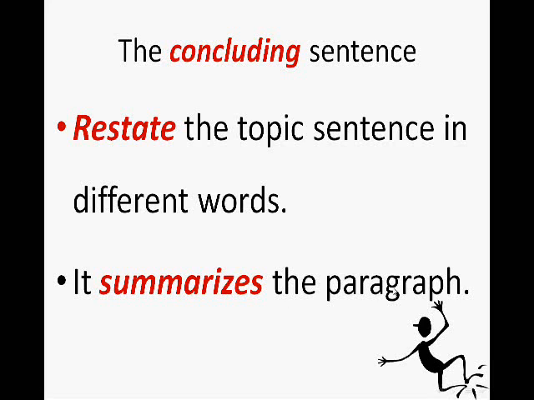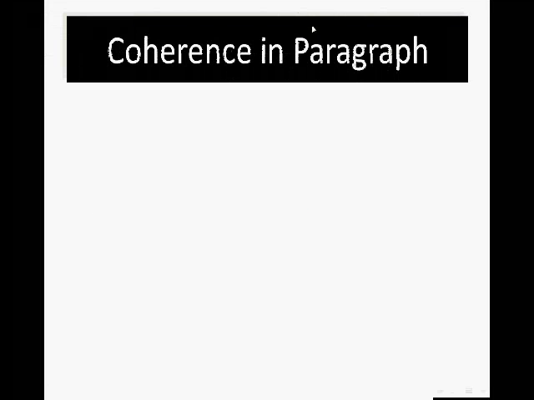The topic sentence is the most important sentence in the paragraph, and my concluding sentence is going to be the same as the topic sentence but said in a different way. Its importance here is to summarize the paragraph. So if a person just reads the first sentence and the last sentence of a paragraph, you'll understand everything there, okay? And this is what you should try to do while writing.